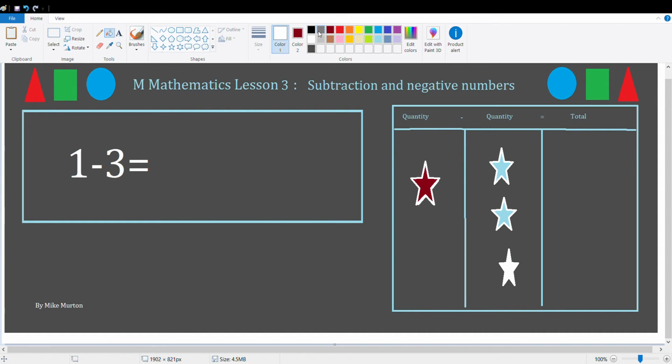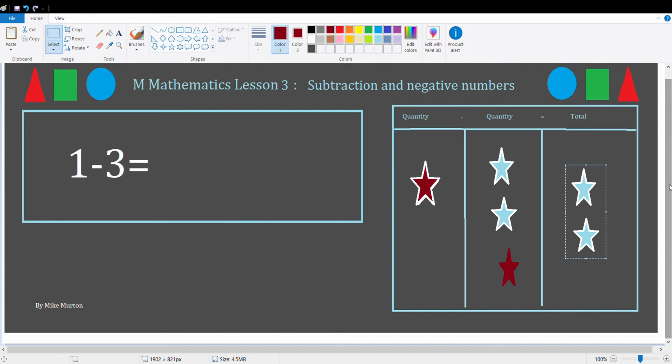And then what are we left with? We're left with these 2 blue stars. And since I don't have anything else to do with them, I'm going to put them in the total. That's what we have total. The red stars are gone.